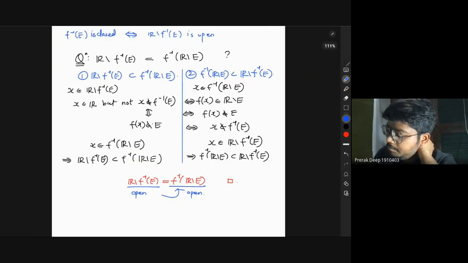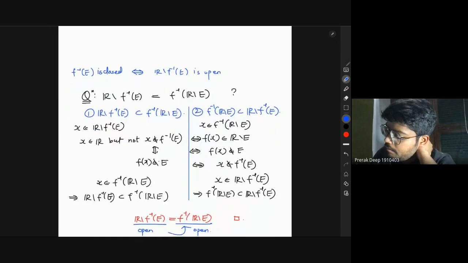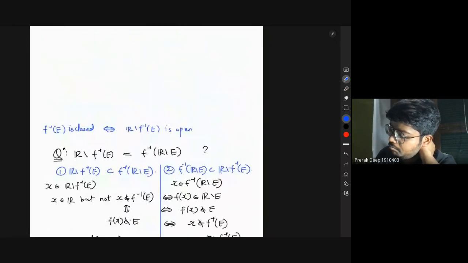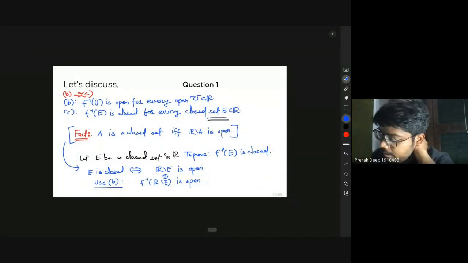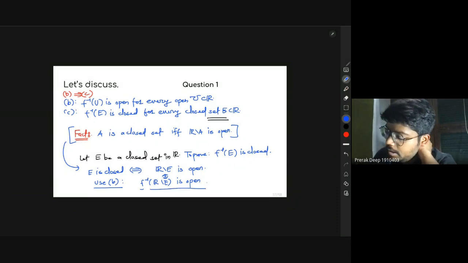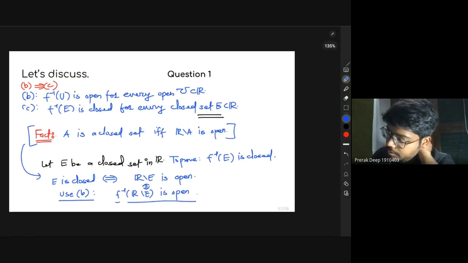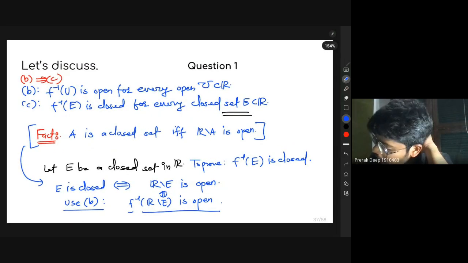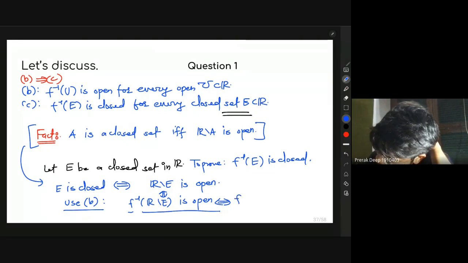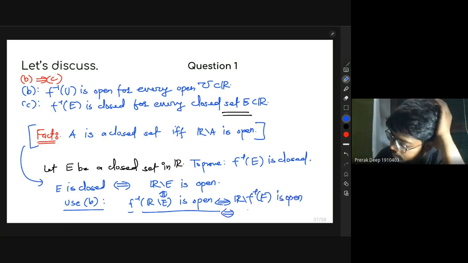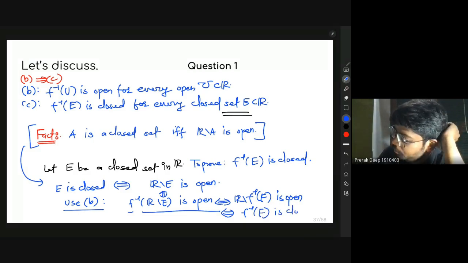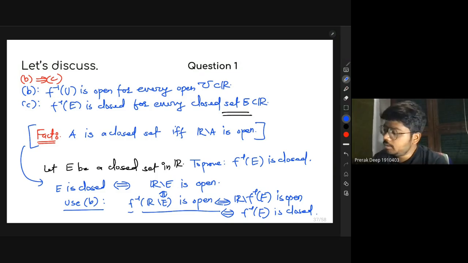So we had F inverse of R minus E open, and now from the discussion we just had, it is equivalent to say that R minus F inverse of E is open because these two sets are equal, which implies that F inverse of E is closed. Okay, so this proves B implies C.